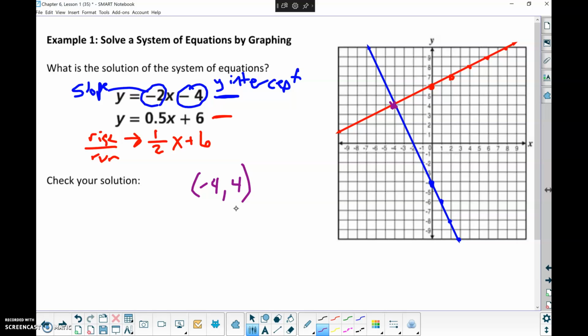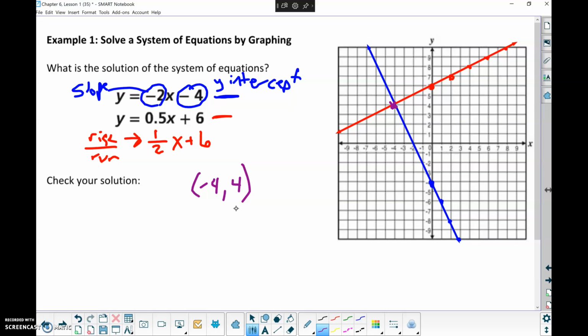And we can always check, which is great. We're not going to write out the check, but we're just going to talk through it verbally. So if I take my x value, -4, and I plug it into the first equation, what is -2 times -4? Ooh, 8. There we go, 8.